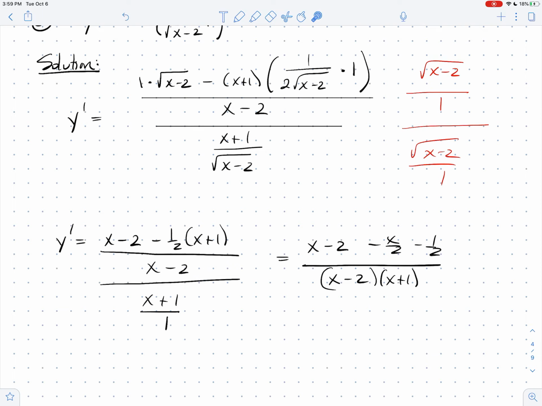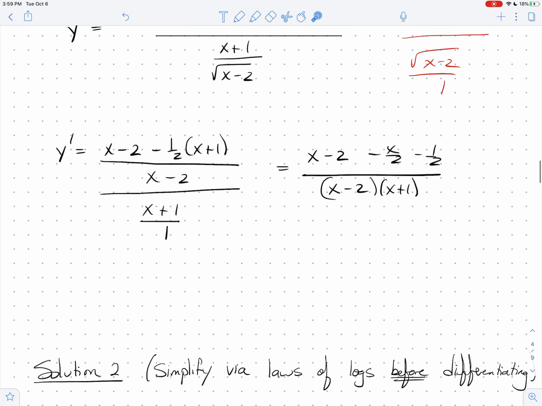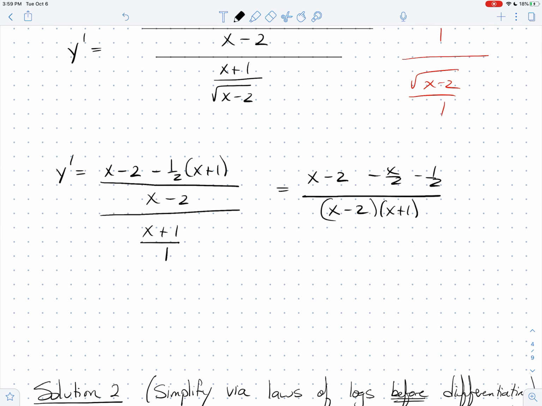If you're not sure about that, pause the video and check the algebra yourself. And so now I can write this as, well, let's see, this is going to be x minus x halves, which is going to give me positive x over 2, and then minus 5 halves, and then all over x minus 2, x plus 1, and finally the 2 downstairs, and both of these you could pull downstairs.